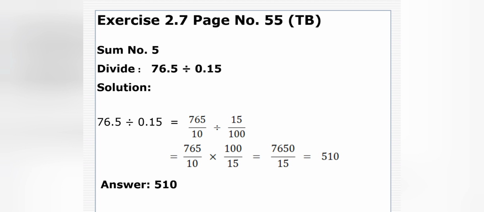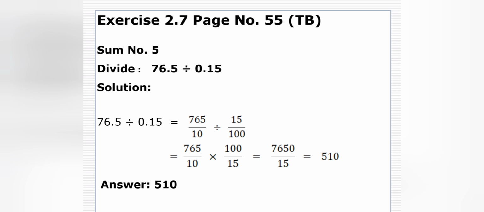The last exercise in this chapter is exercise 2.7. Let us solve one or two examples from this exercise. Sum number 5. 76.5 divided by 0.15. Now here we will do 765 upon 10 divided by 15 upon 100.